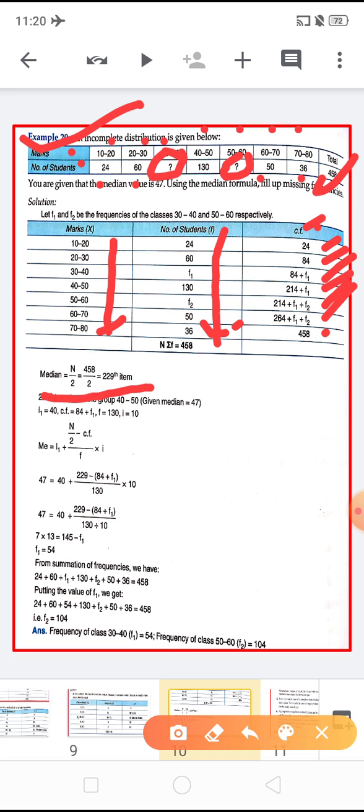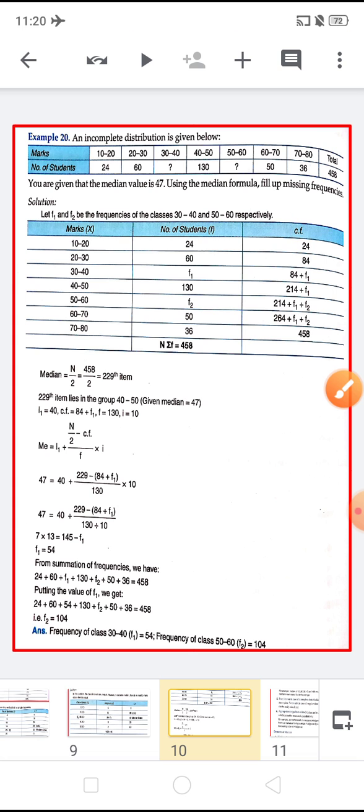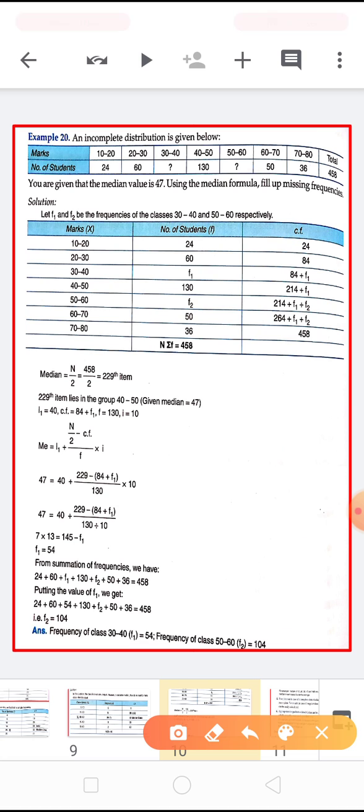The summation of frequency is 458, and 458 divided by 2 comes to 229. So with this observation, the 229th item lies in the class 40 to 50, because 229 lies beyond 214 plus F1.